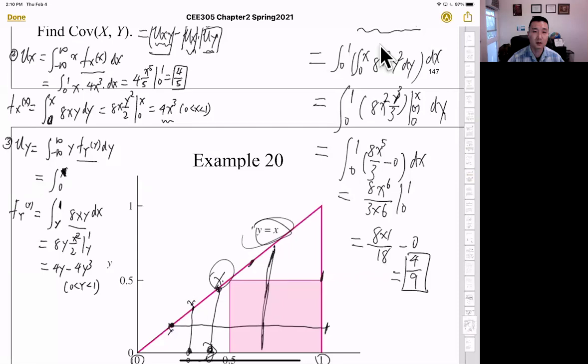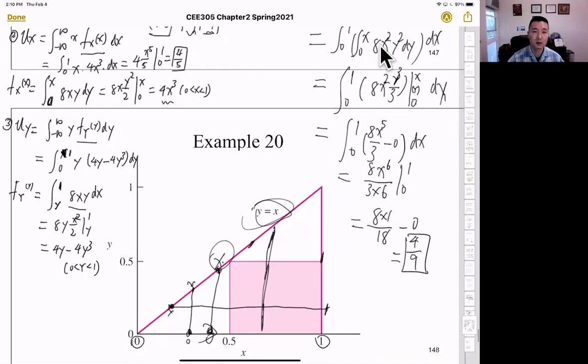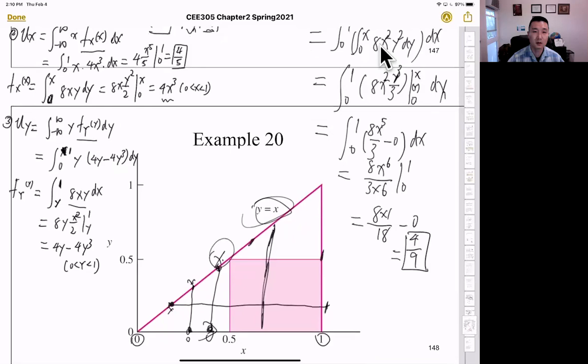From 0 to 1, it's mu y: y times the marginal function f(y), dy. Okay, so for y the range is 0 to 1, when we fix x, that value is between 0 and 1.